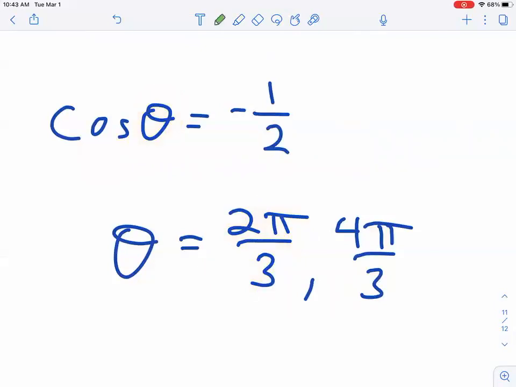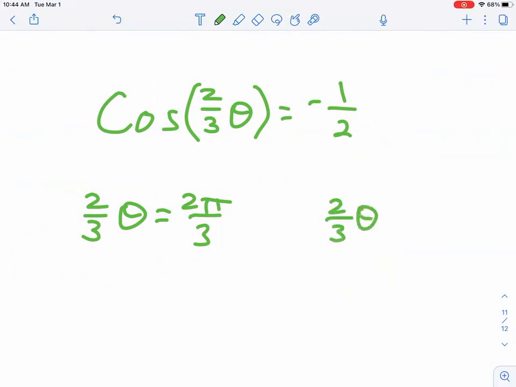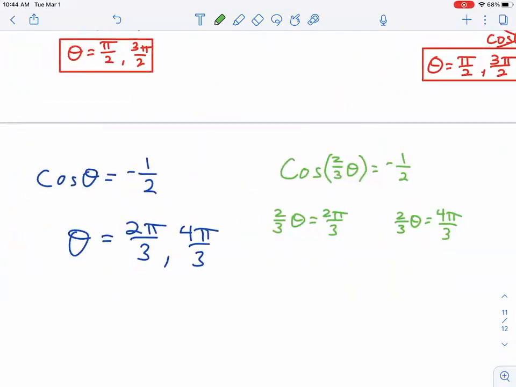I'm going to use that same logic, but now I have 2/3 theta equals 2 pi over 3, and 2/3 theta equals 4 pi over 3. Now, I'm not done yet. I still have another step to do. But the problem on the left in blue is closely related to the problem on the right in green. I'm just setting that whole stuff in parentheses, the 2/3 theta, equal to 2 pi over 3 and 4 pi over 3.